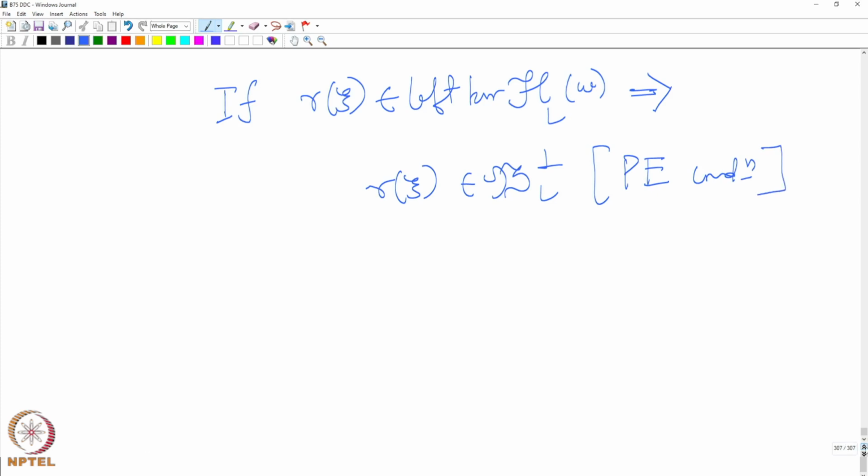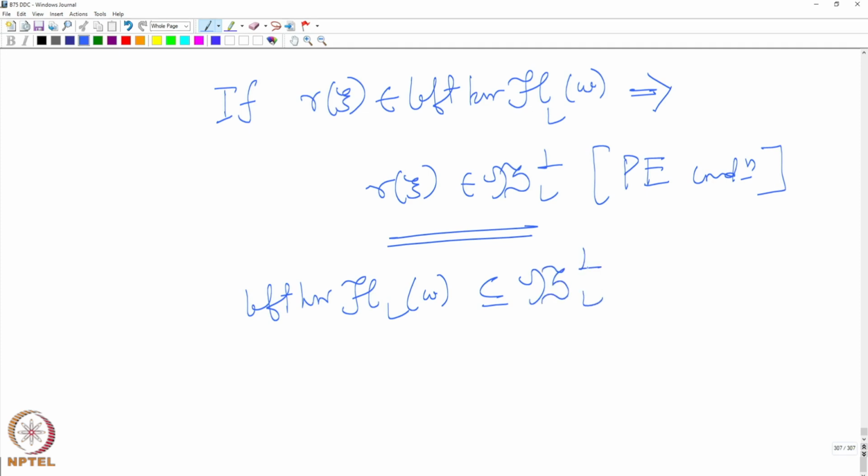So if persistently exciting, the left kernel of H_L^w is contained in B_L^\perp. The other thing is always true, so they are equal, which would mean the column span of H_L^w is equal to B_L.